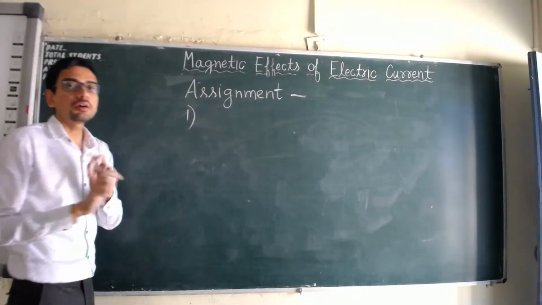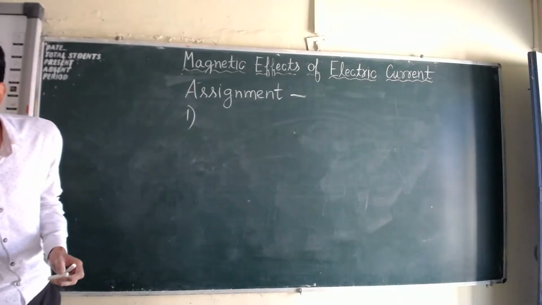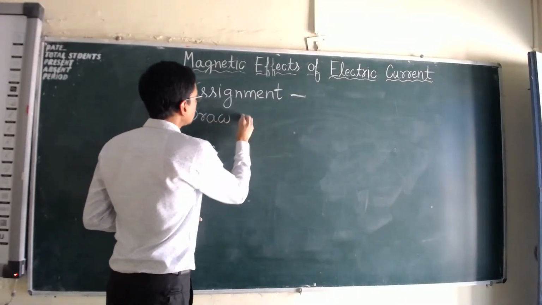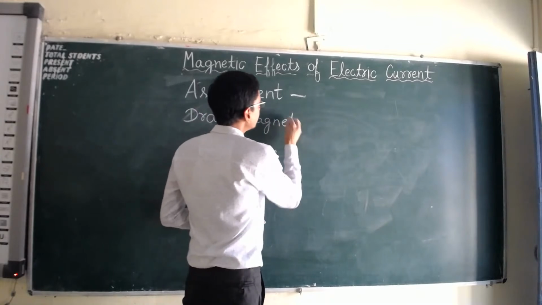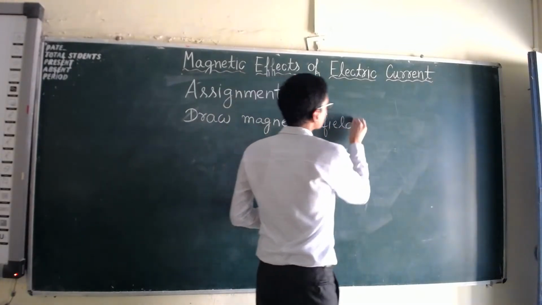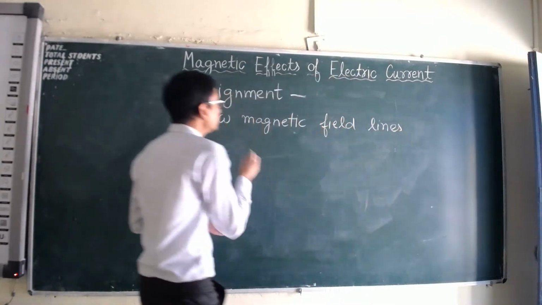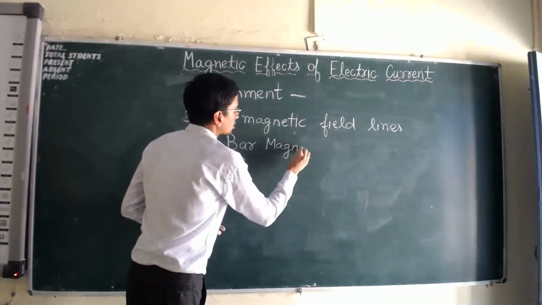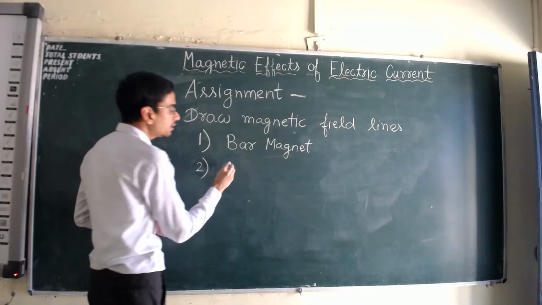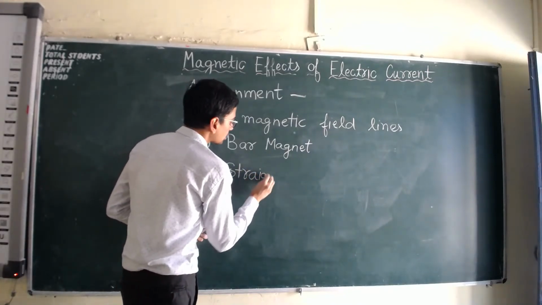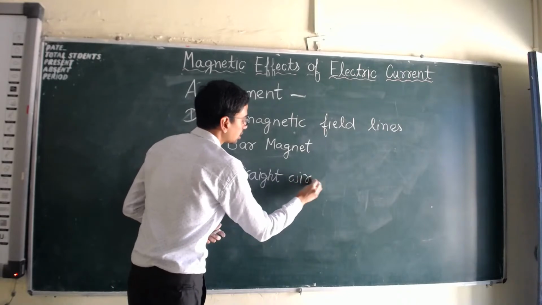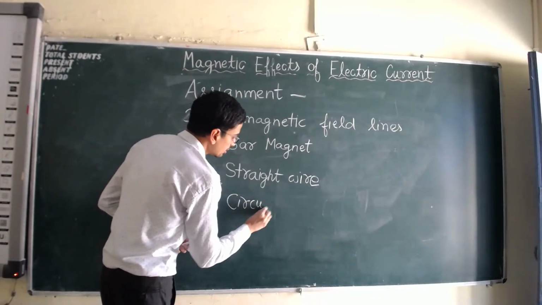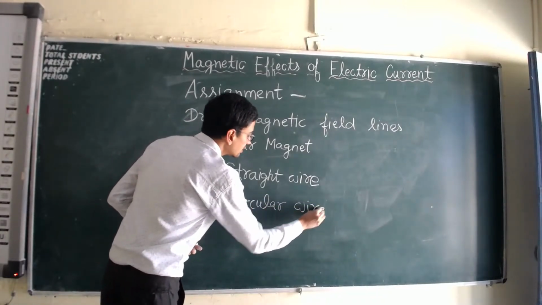first is, in all that you have to draw the diagrams, you have to draw magnetic field lines around: first is very simple, bar magnet; second is straight wire; third is circular wire; and fourth is solenoid.